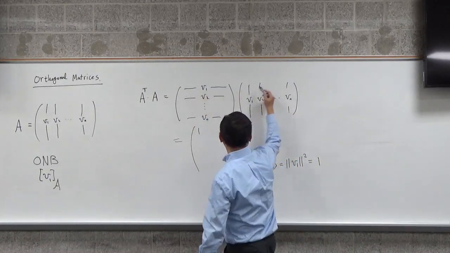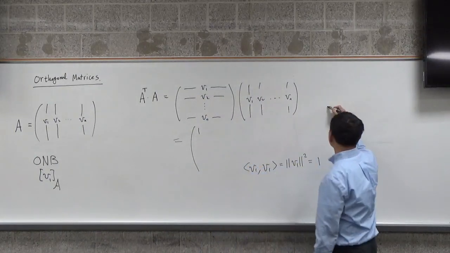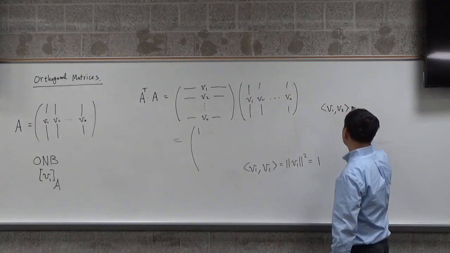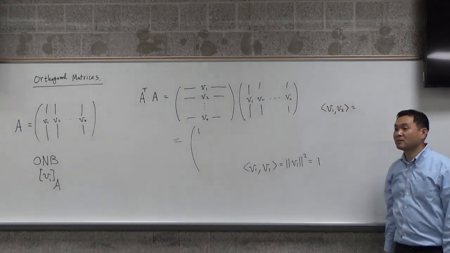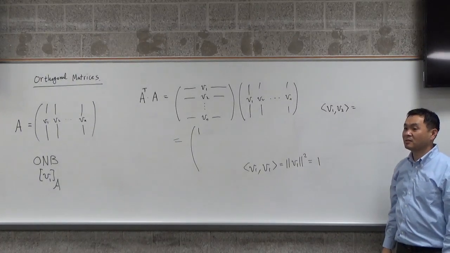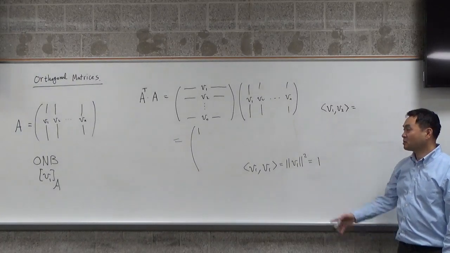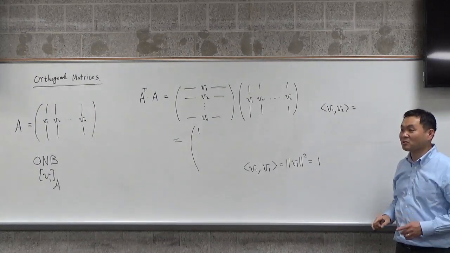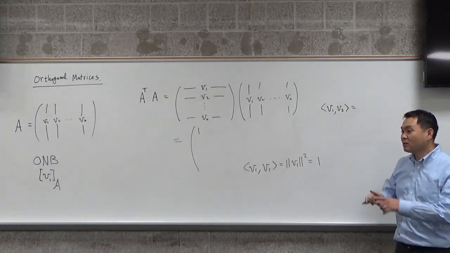Now let's look at the next one. It should be this times this, so we have V1 dotted with V2. Given that it's an orthonormal basis, they are orthogonal, so it's 0.